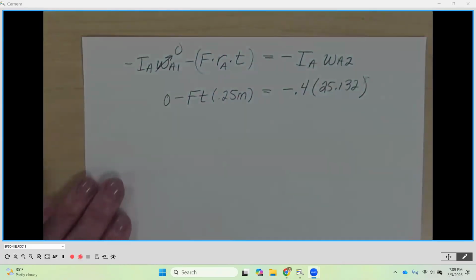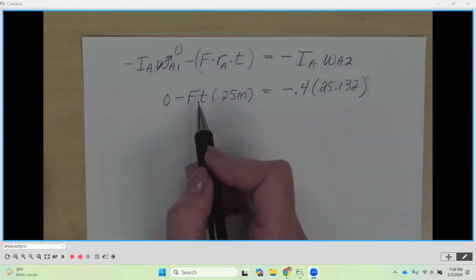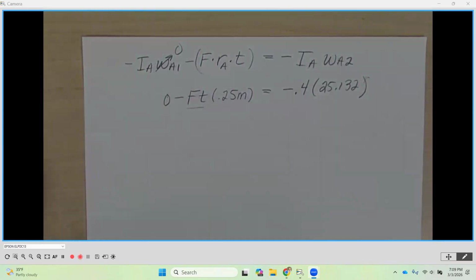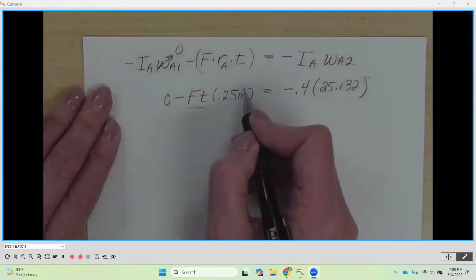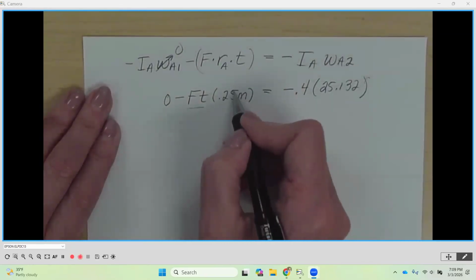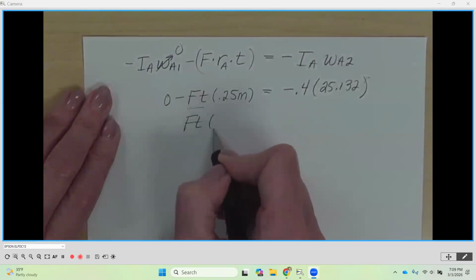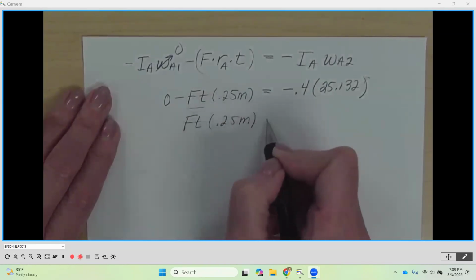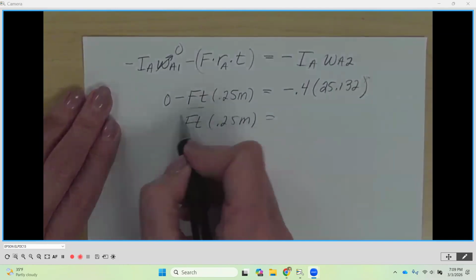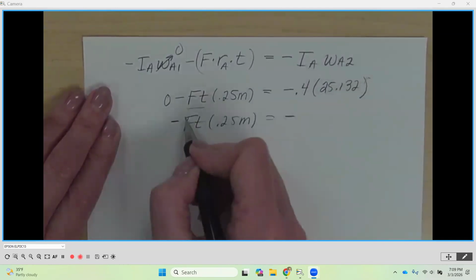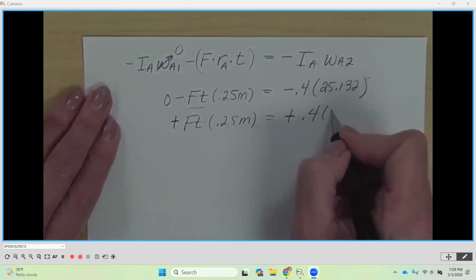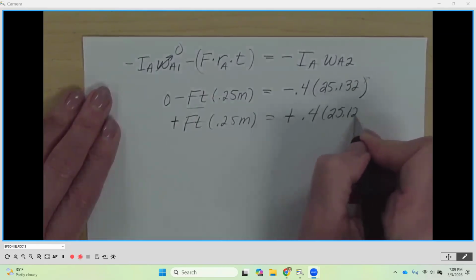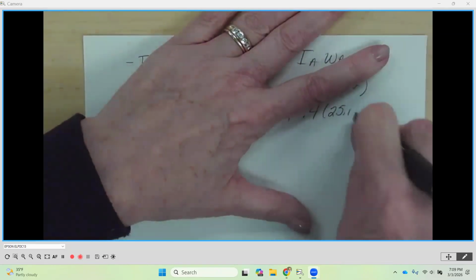There we go. So you'll notice that our impulse is going to kind of stick out and it's going to stay there by itself. So if we go ahead and we multiply out, this is going to be F times T times 0.25 meters. And then this is negative, this is negative. They both become positive. We're going to have 0.4 times 25.132.